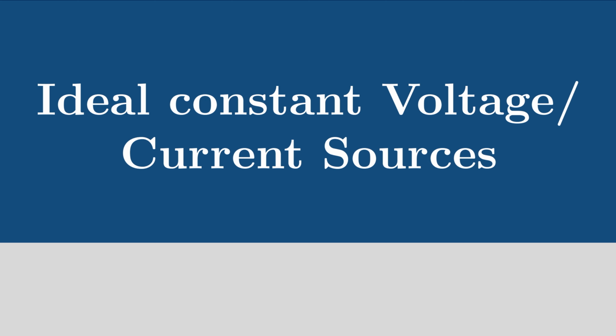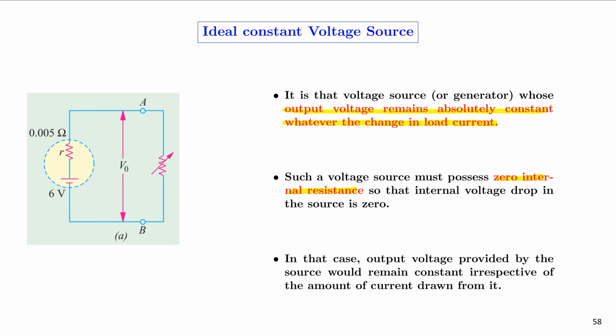We shall now explore the concept of ideal constant voltage or ideal constant current sources. To understand the concept of ideal constant voltage source, let us consider the figure that is shown here. In this figure, we have a 6 volt supply which is having an internal resistance of 0.005 ohms.